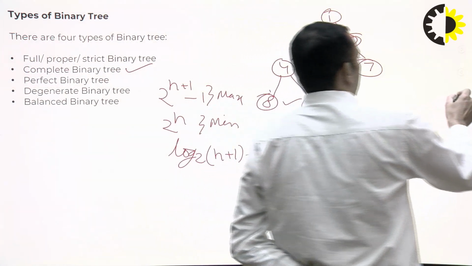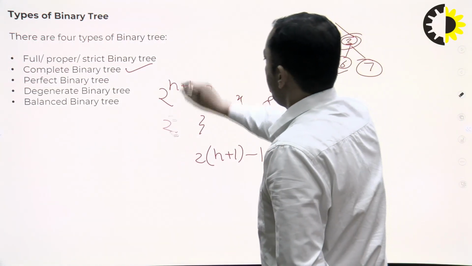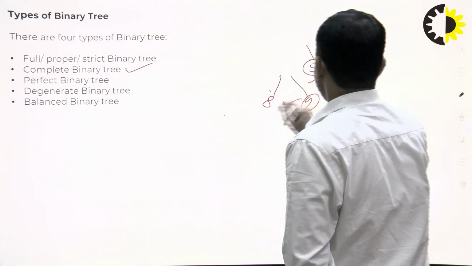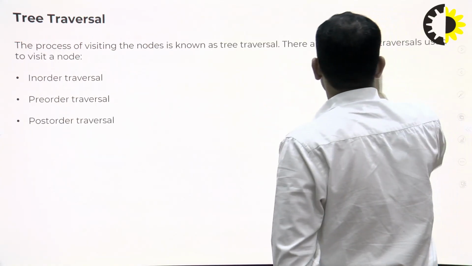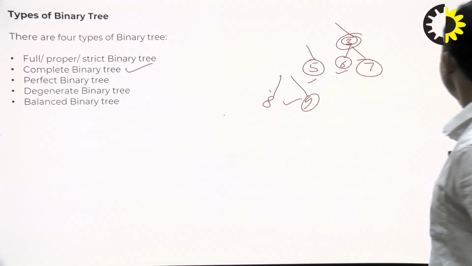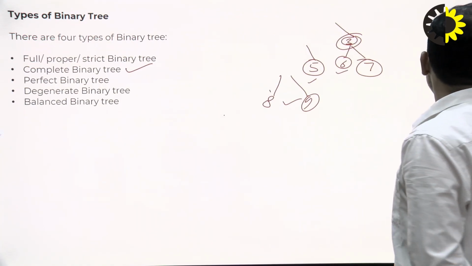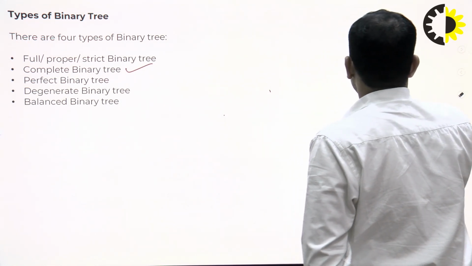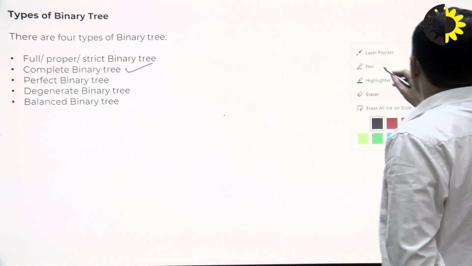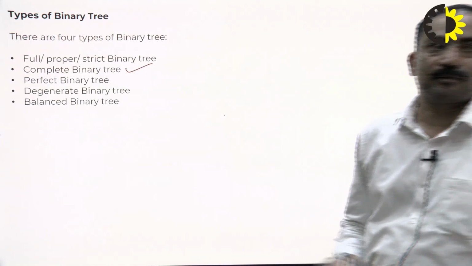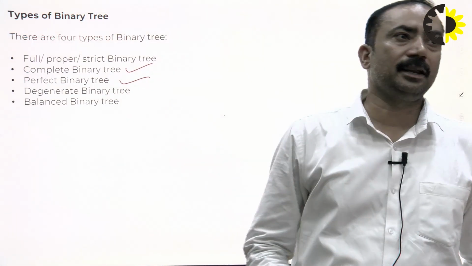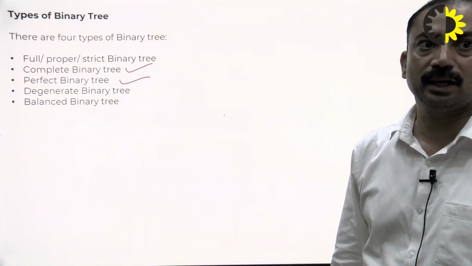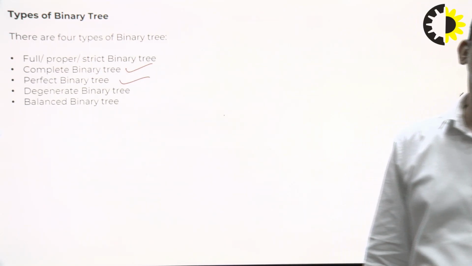Next, we have a perfect binary tree. A tree is a perfect binary tree if all the internal nodes have two children and all the leaf nodes are at the same level.